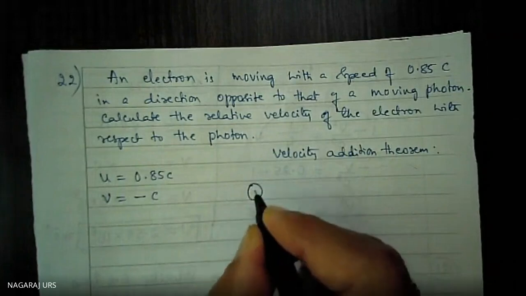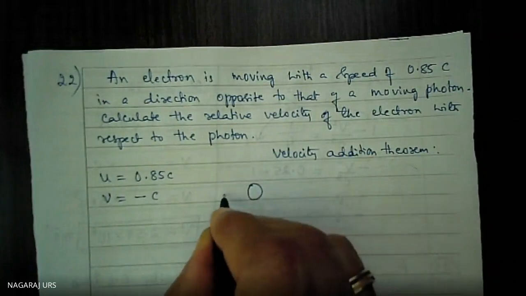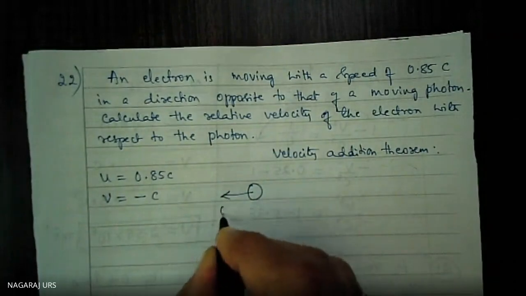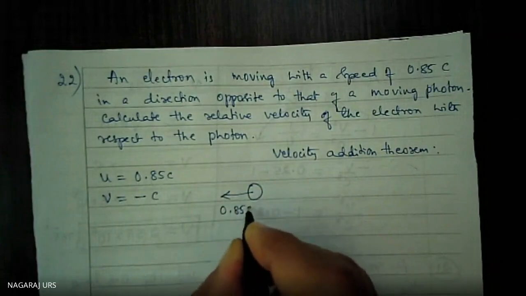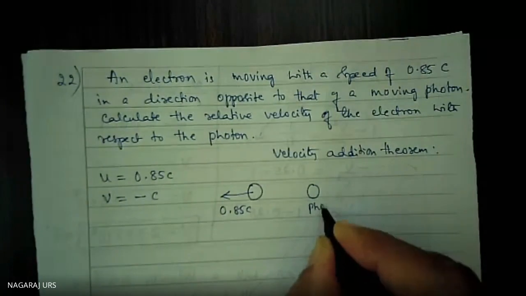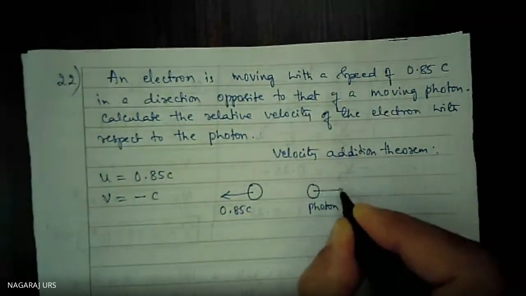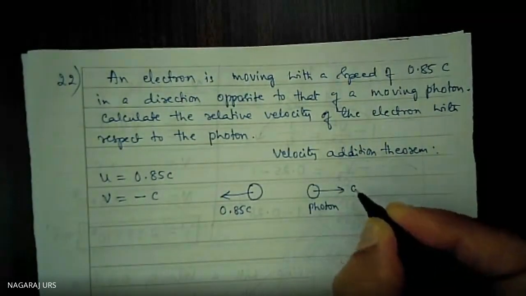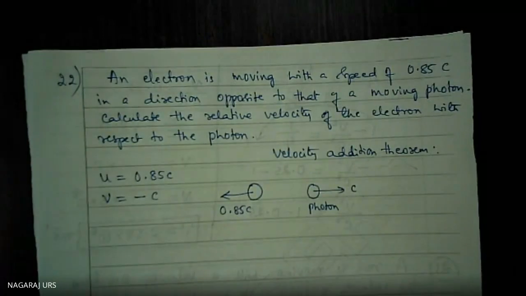If this is a particle which is moving with a velocity equal to 0.85 c, and this is a photon moving like this with a velocity c, these two are oppositely directed to each other. Okay.